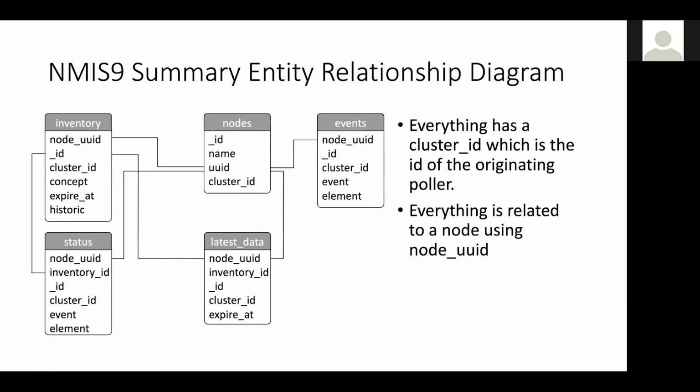So those concepts are related to something. For example, latest data for interface properties would be the latest packet stats. They would relate to a node and to an interface, which would make it related to an inventory item and a node item.